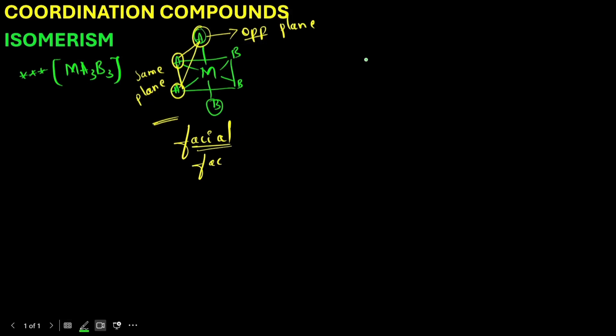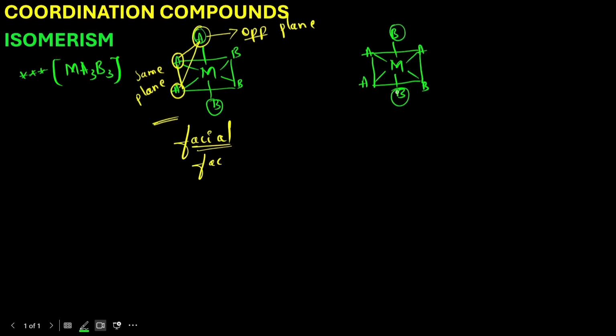Now we will write another structure. So that will be like this. Here M, again 6 ligands are attached. Consider A, B, A, here we have A, B and B. So here these 4 ligands are in the plane. This is above the plane and this is below the plane.